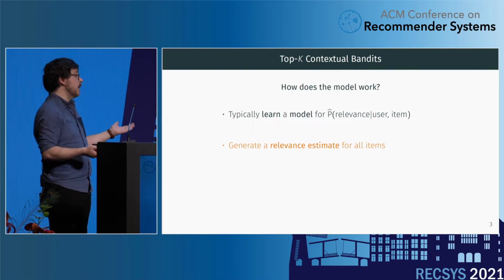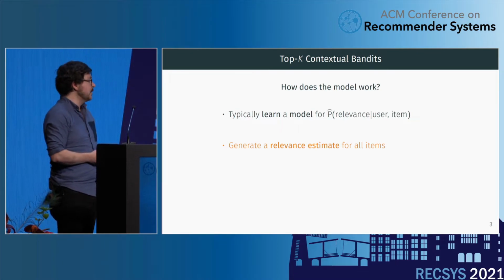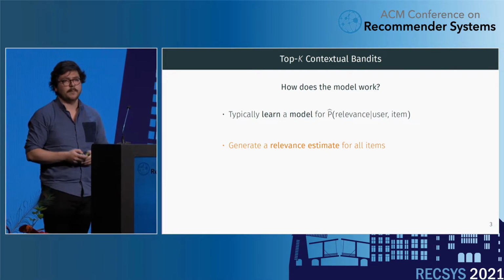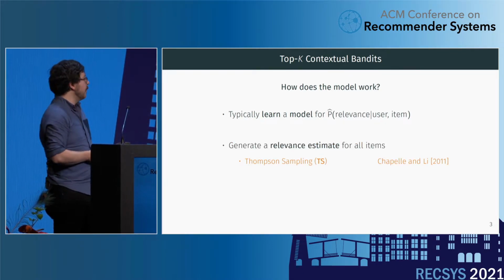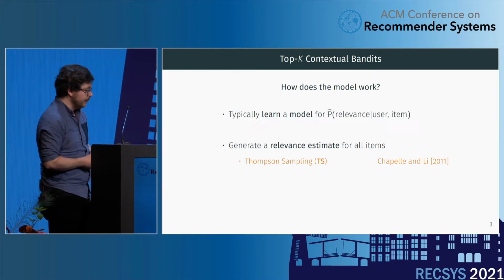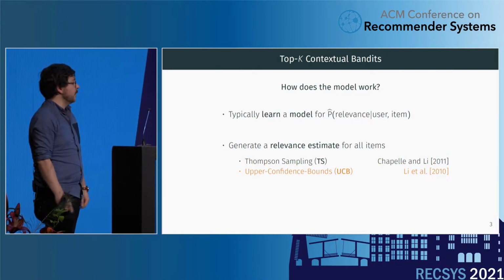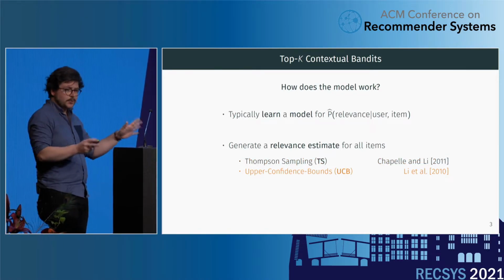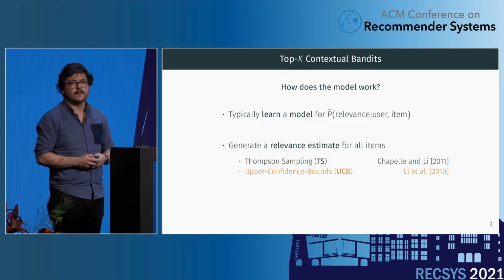There are several approaches to actually doing this, and this is where the famous explore-exploit trade-off comes in. There are some approaches based on Thompson sampling, some are based on things like UCB, but that doesn't really matter right now. We get a relevance estimate for the entire set of items.